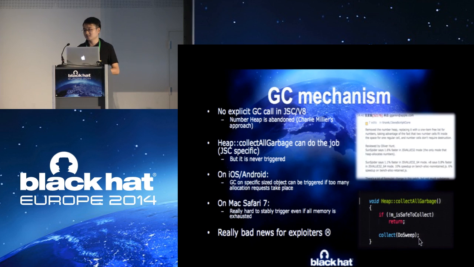Nowadays, the function collect all garbage can never be triggered by any function. On mobile devices it may be easier because resources are sometimes not enough. But on the Mac platform, it is hard. Even if you use up all the memory, it will not trigger the GC.